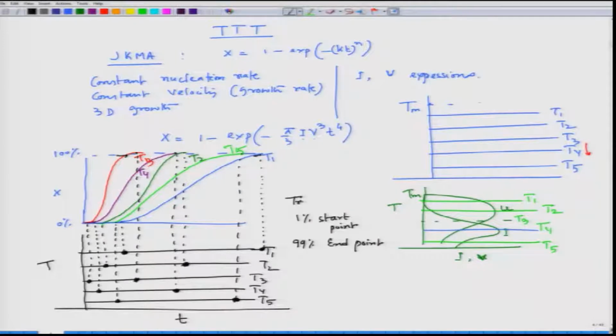This is transformation. Now, if we connect them, then we will get a curve like this, and here also a curve like this.